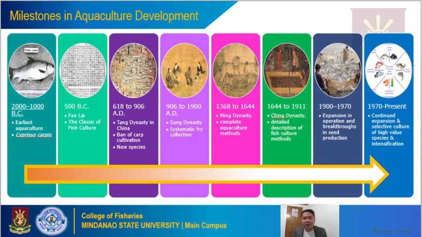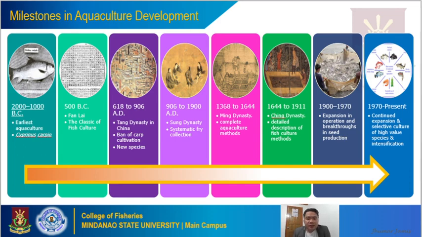And in 500 BC, Fan Li wrote the literature about the classic of fish culture. So basically, there were already methods or at least literature involving classic fish culture.